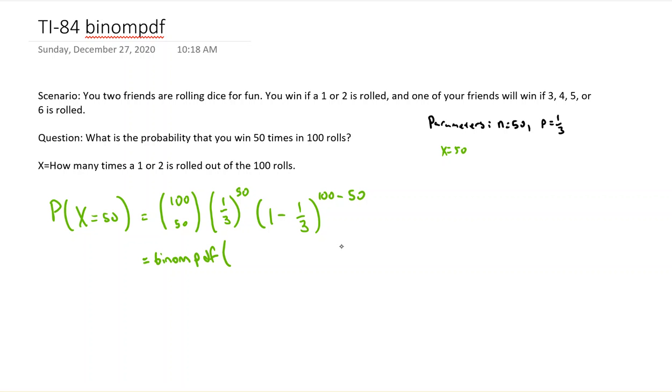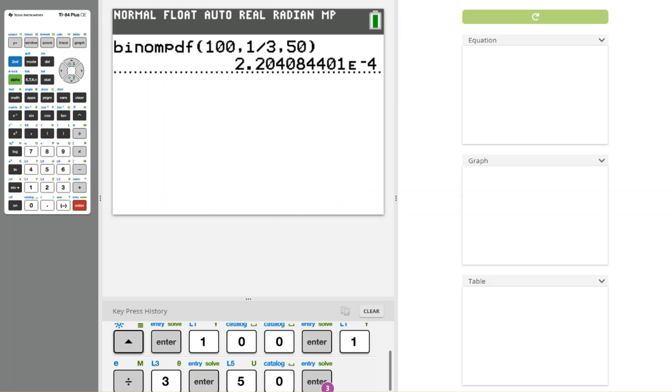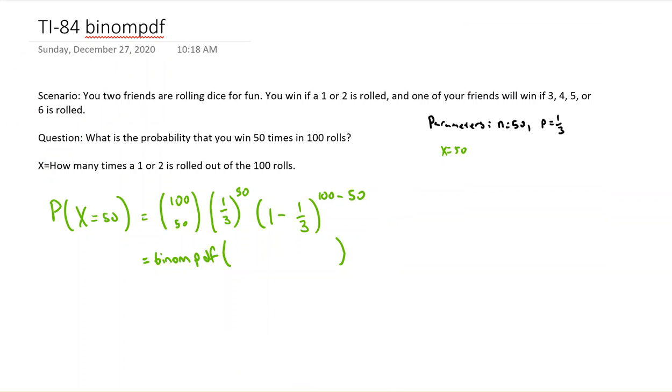And we're writing the correct order here. Just like we see on here, we're going to write 100, 1/3, and 50, but you need to specify n is equal to 100, p is equal to 1/3, and x is equal to 50.